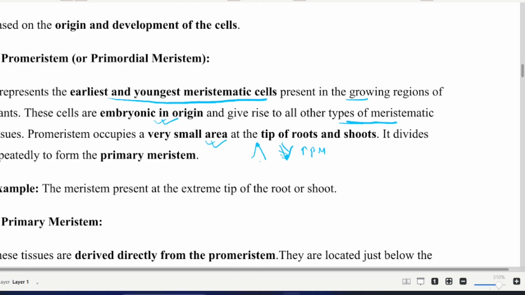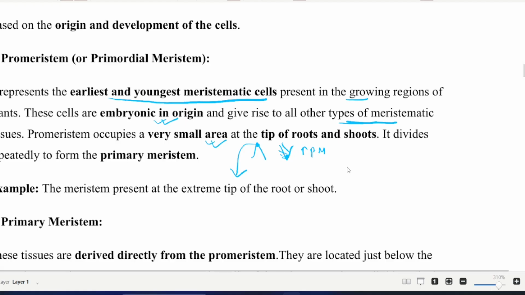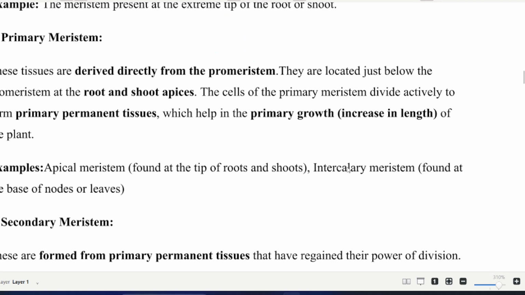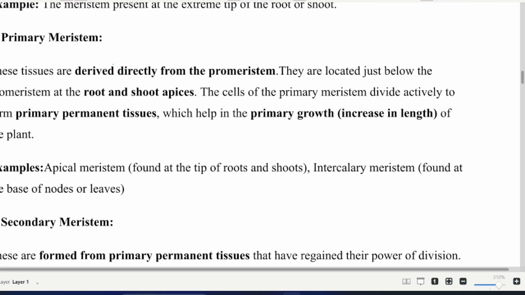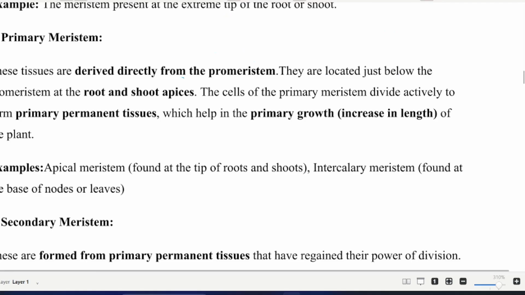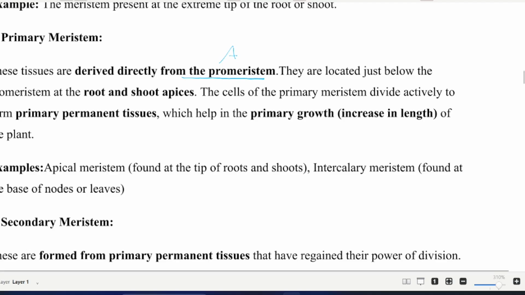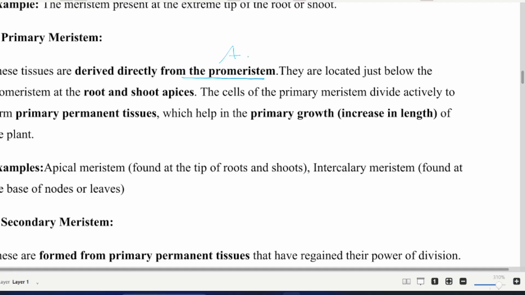Understood? That is, the meristem present at the extreme tip of root or shoot is the promeristem, also known as primordial meristem. Then the second one is primary meristem, and these tissues are derived directly from the promeristem, located just below the promeristem at the root and shoot apices.